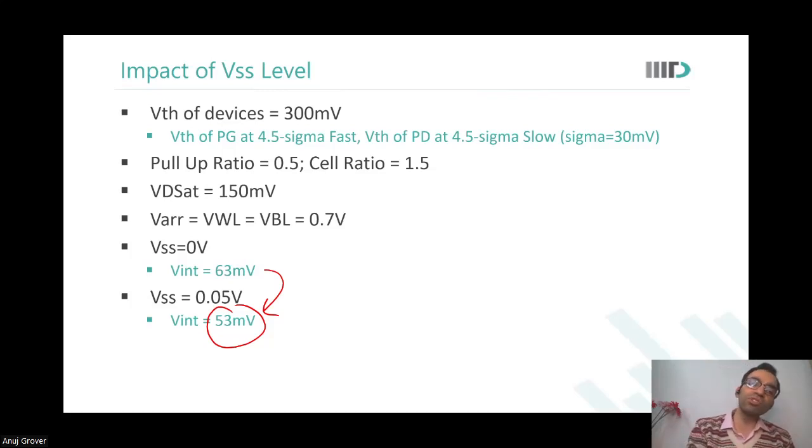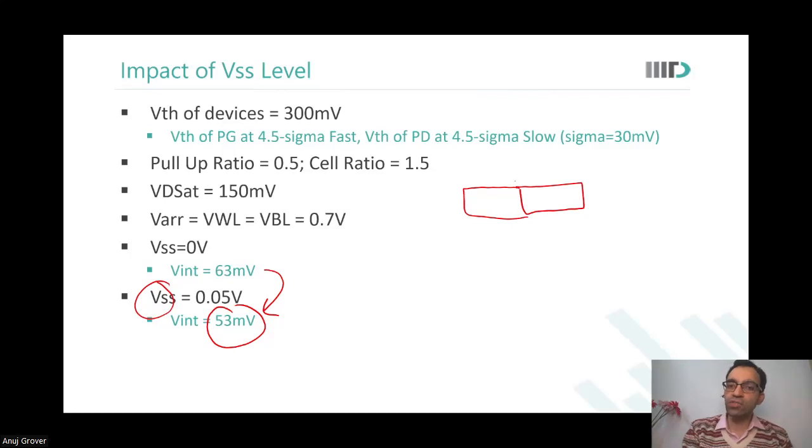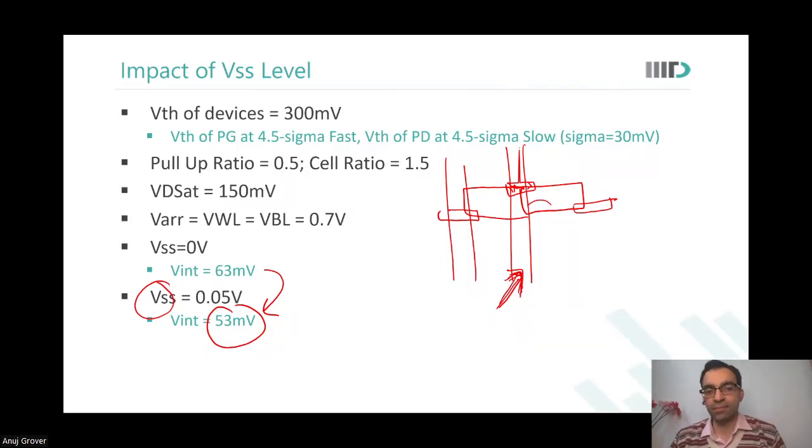So again, if I'm able to change VSS, see the layout that we just saw, how was the VSS there? We said two adjacent memory cells have the same VSS, and there is a metal 4 which would connect to this VSS. So if I change the supply of a particular metal rail, the adjacent cell supply also changes.